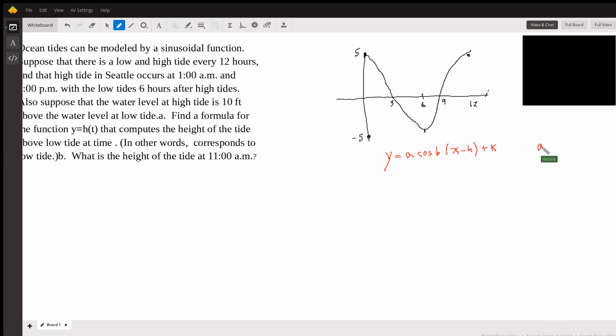A is the amplitude. B is the period, I'm sorry, 2 pi over B is the period.